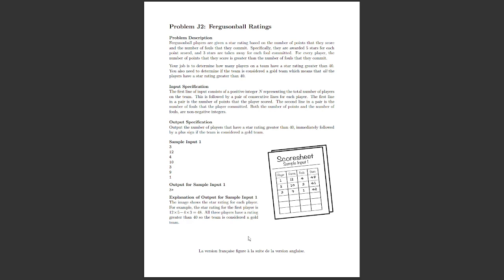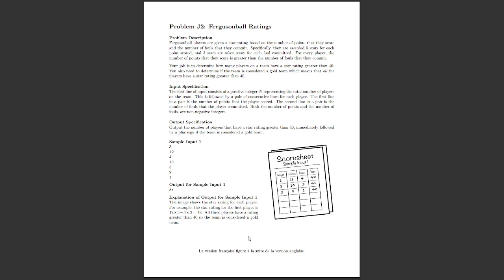So we have 3, so that means the positive integer n is 3. That means we actually have 3 players. So for the first player, from the inputs, you can see that the number of points he scored is 12, and the number of fouls he committed is 4.